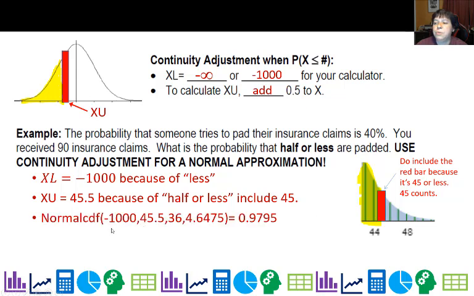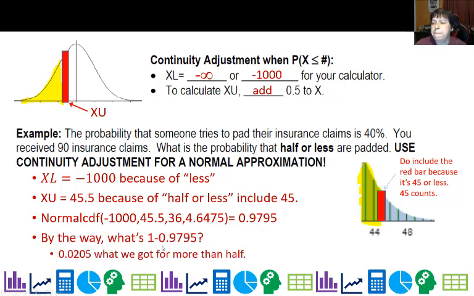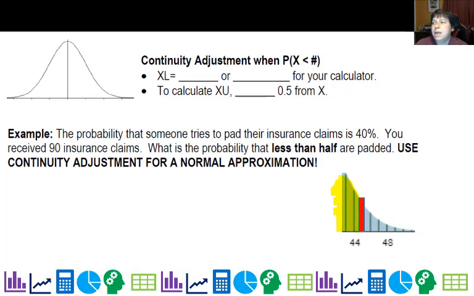And then I'll do normal CDF of negative 1,000 to 45.5. And I get 0.9795. By the way, if I subtract that from 1, the complement is 0.0205, which is what we got when we asked what's the probability of more than half. And that makes sense.